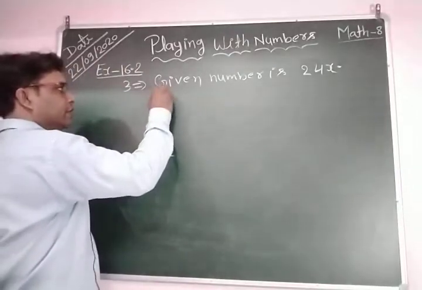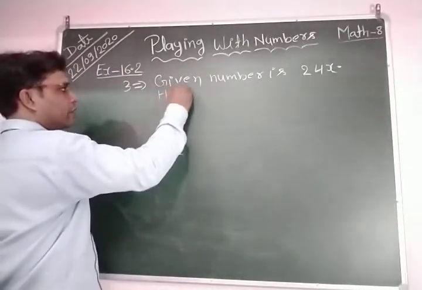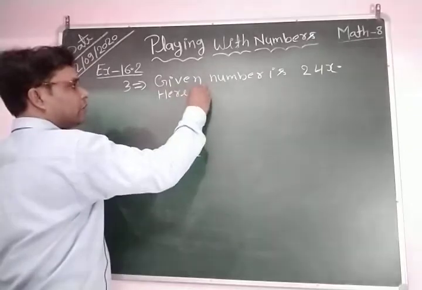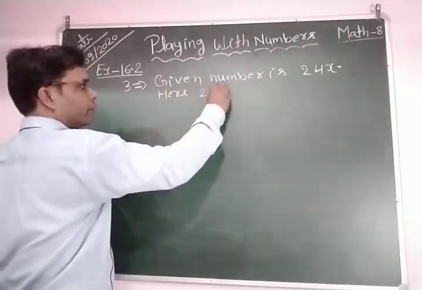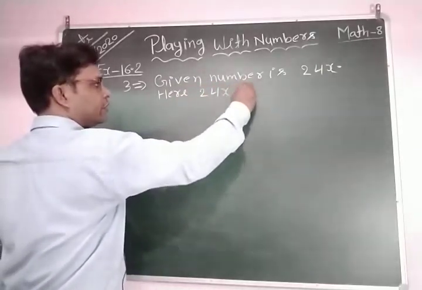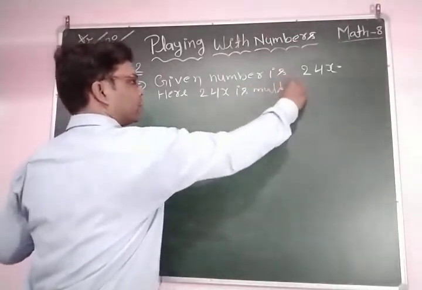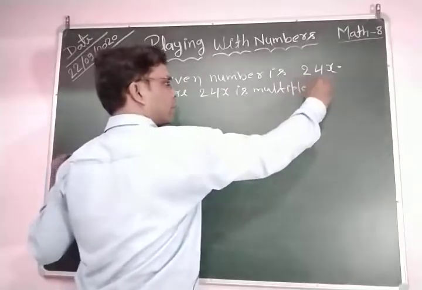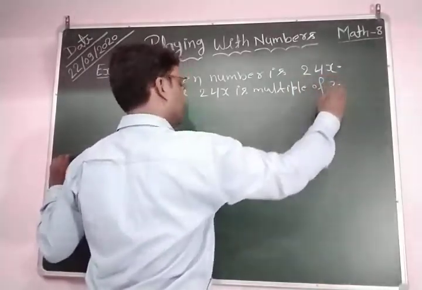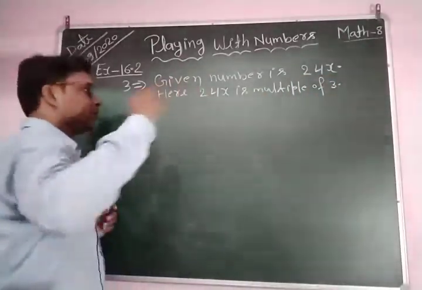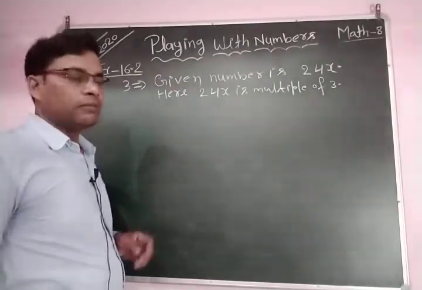Here it is given that 2, 4, x is a multiple of 3. It means that this number is divisible by 3.